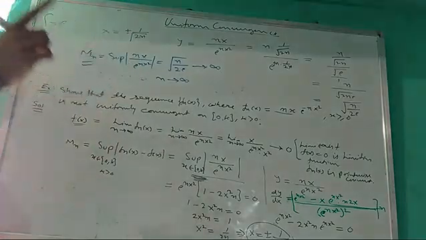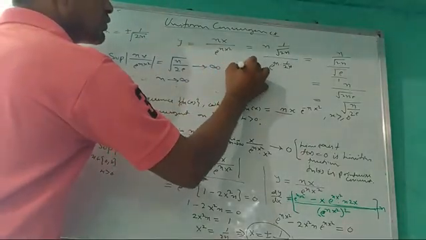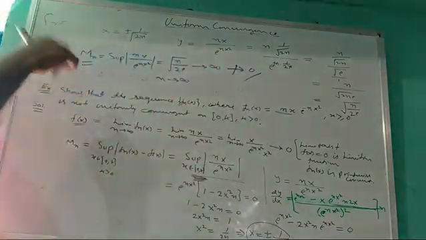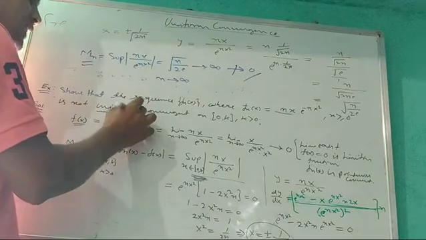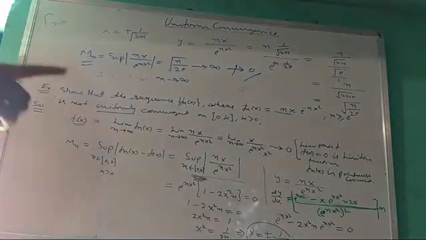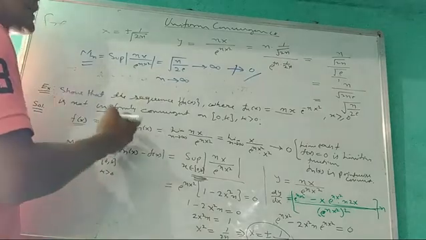It means, according to our theorem, Mn does not tend to 0. If Mn tends to 0, then the sequence is uniformly convergent, and if Mn does not tend to 0, then the sequence is not uniformly convergent.